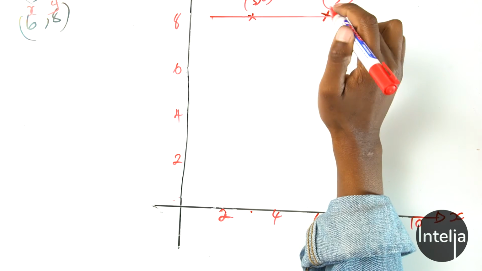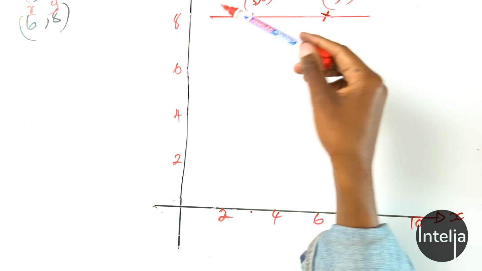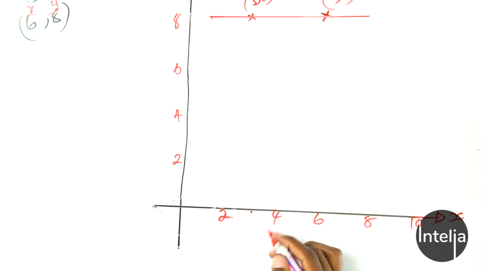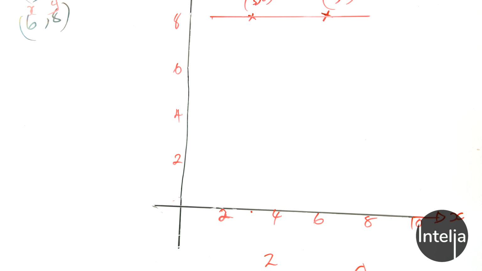So the distance between coordinates (3, 8) and (6, 8) is 3. So this is how you find the distance between given points on your graph.